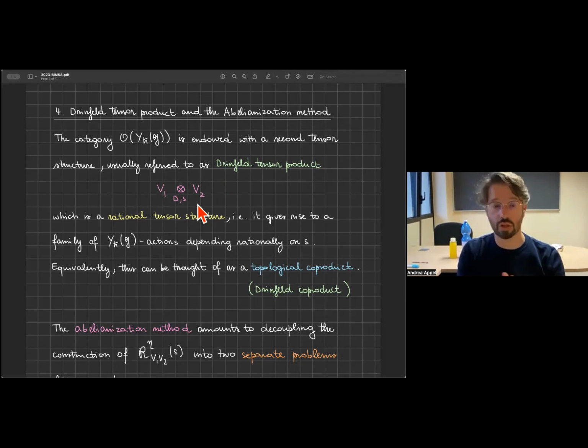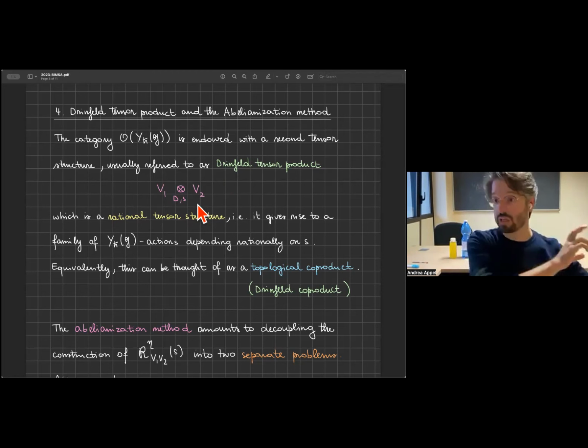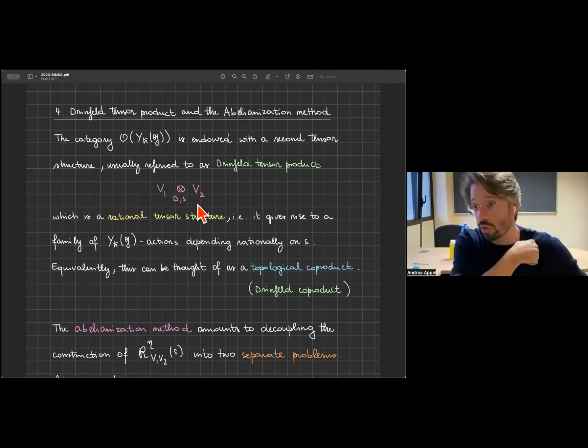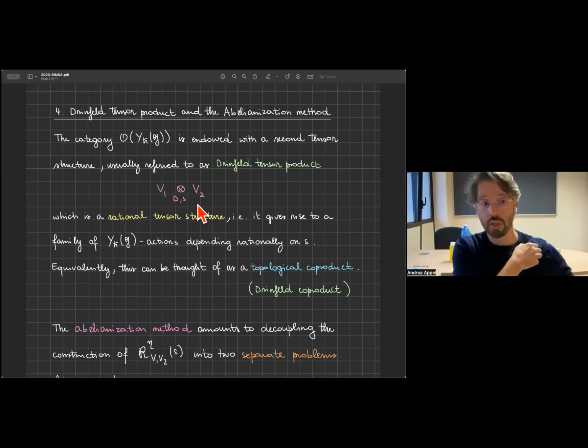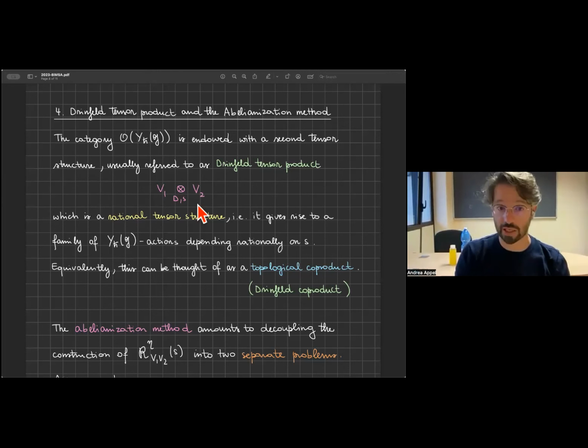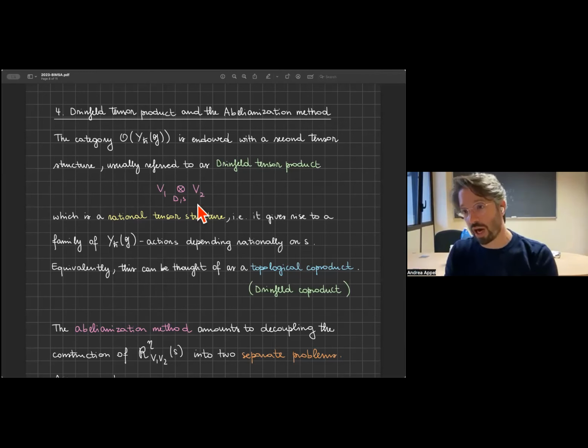So the nature of this tensor product is quite different from the other one. The other one was in fact polynomial and always defined, and there was no issue. This one is somewhat more delicate, but it is much simpler to describe because the formulae defining this action are much simpler.